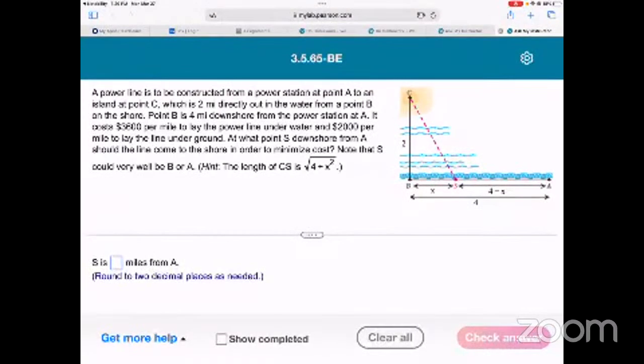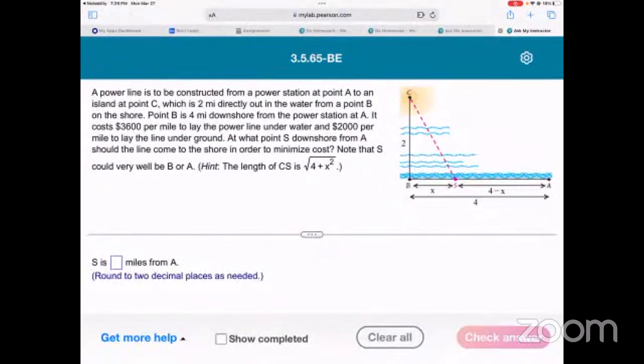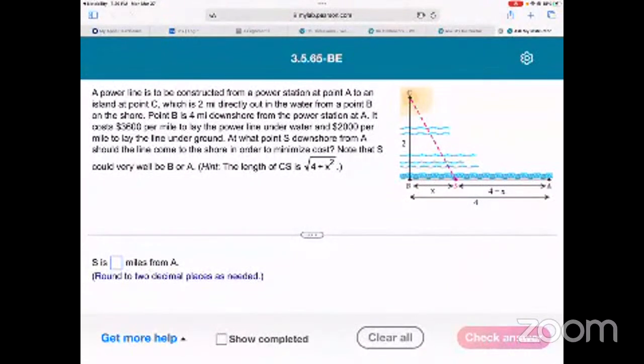Okay. So it says a power line is to be constructed from a power station at point A. Where's A? Okay, I see A. To an island at point C, which is 2 miles directly out of the water from a point B on the shore. Okay, so it looks like we're trying to find the hypotenuse.